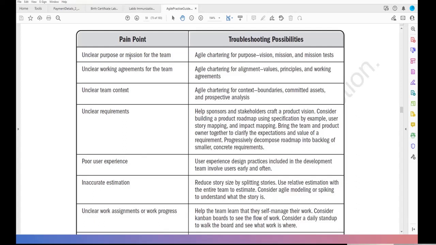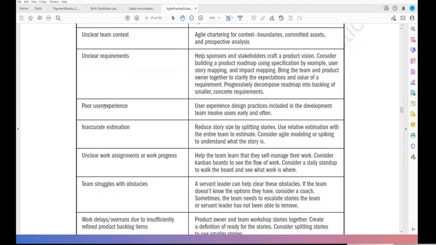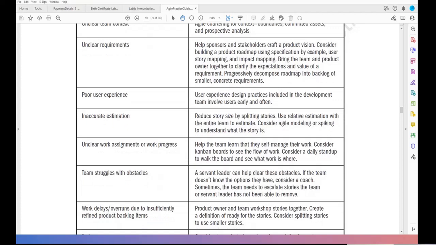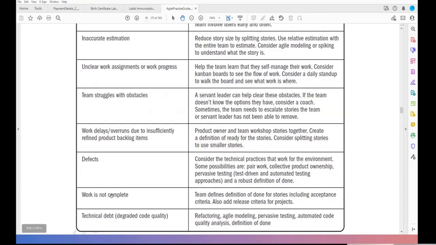So: unclear purpose or mission for the team, unclear working agreement, unclear team context, unclear requirement, poor user experience, inaccurate estimation, unclear work assignment, team struggling with obstacles, work delay, overrun, defect, work not complete, technical debt, degraded code quality. One is called refactoring, agile modeling, pervasive testing, automated code. This kind of technical debt.